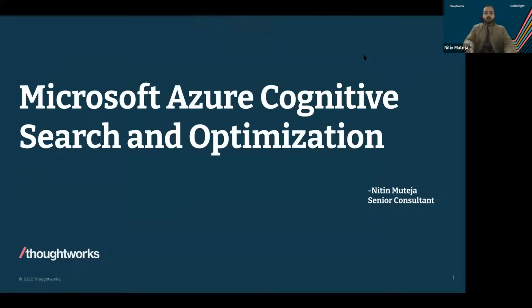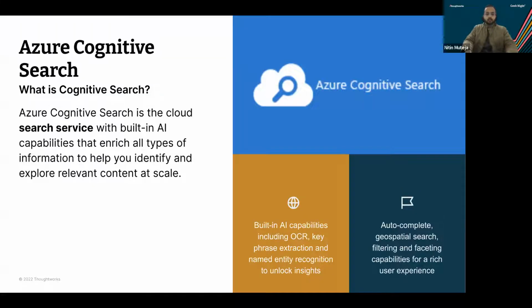All right. Now, what is Microsoft Azure Cognitive Search Engine? We'll talk briefly about it. Cognitive Search Engine is a search as a service platform available on Microsoft Azure Cloud. Apart from being a search engine, it also has integration with other Azure Cognitive services, for instance, OCR extraction, key phrase extraction, and auto completion also.